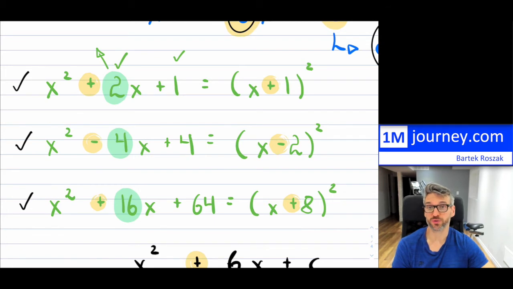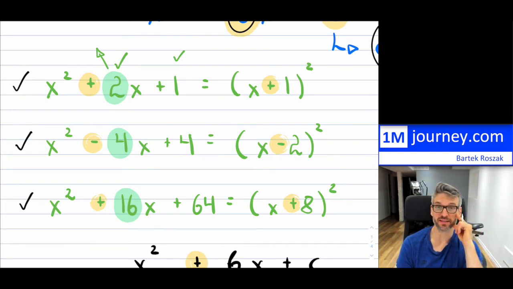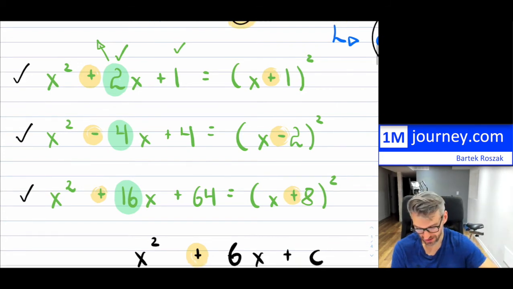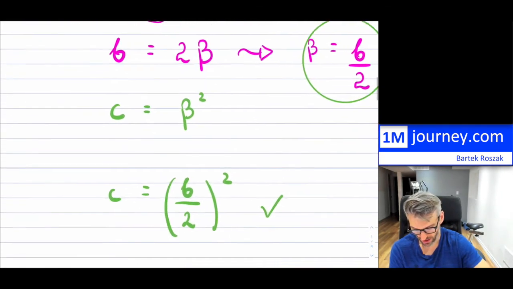And what do we do in order to find our c? Well, we know that beta is simply b divided by 2. Well, 2 divided by 2 is 1. And then that 1 we have to square in order to get the c. That's exactly what we're saying right here.